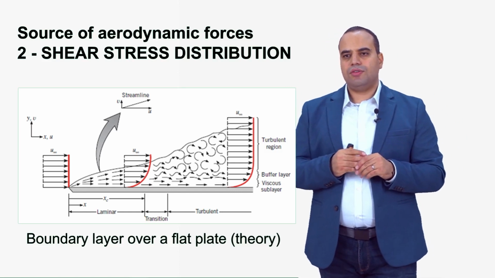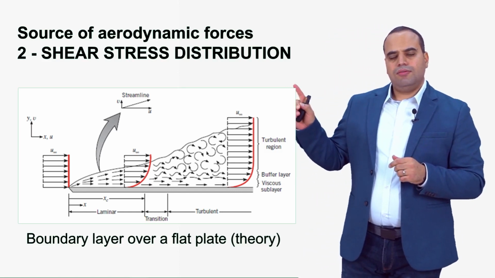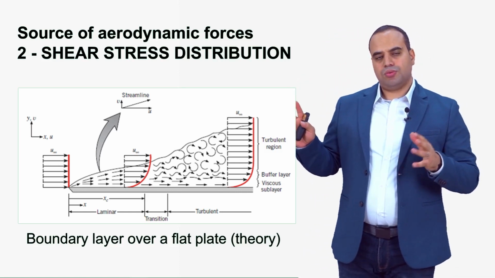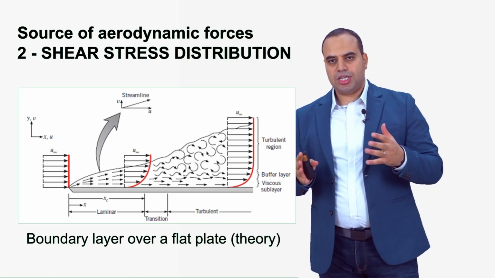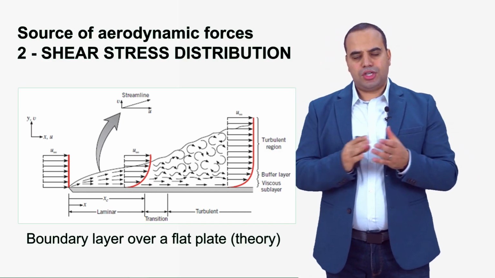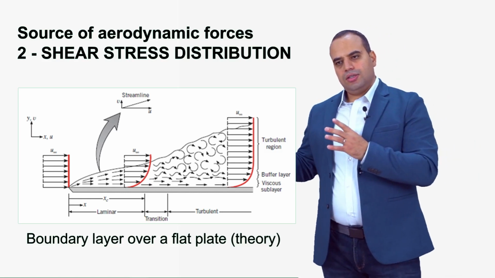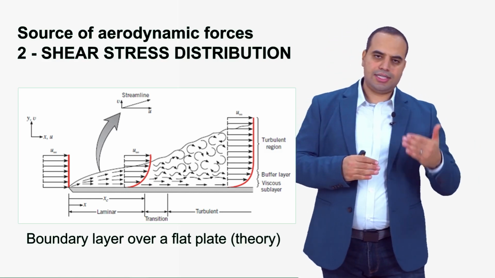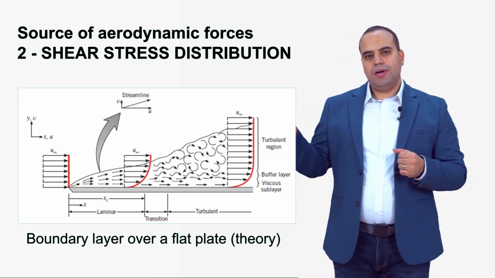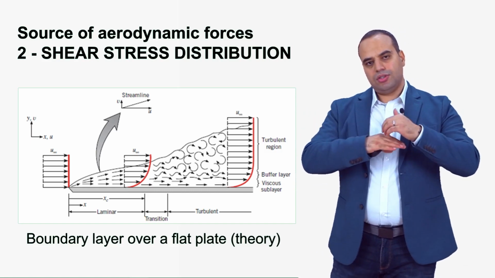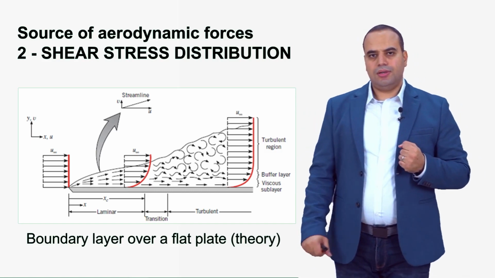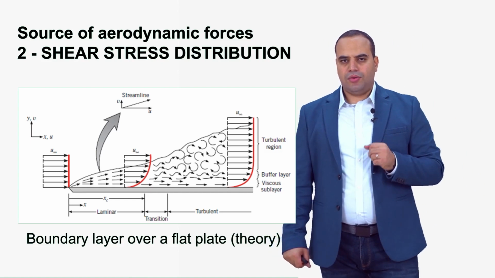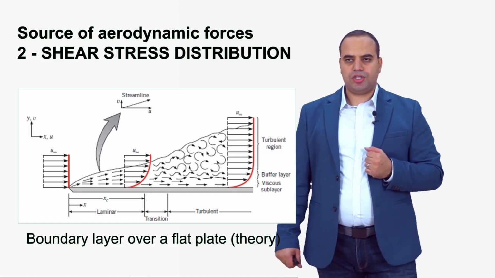And you can see the difference between, for example, the velocity before the plate, which was without the shear stress or without the friction drag, and when the gas encounters the surface of this plate, where the gas stops immediately on the surface. This leads to what is called a friction drag, or a shear stress distribution.